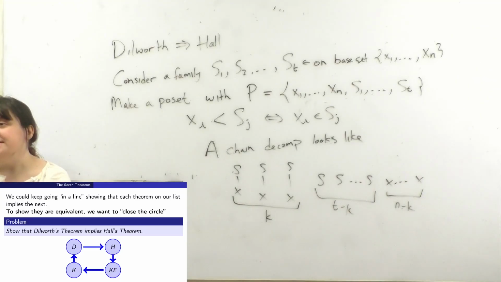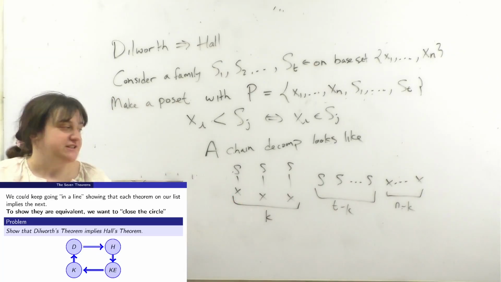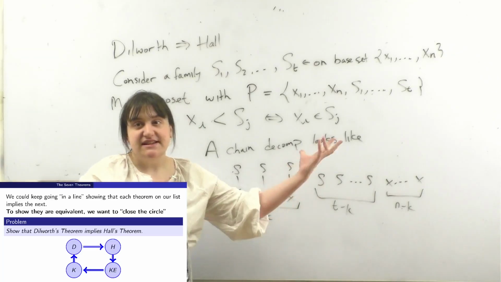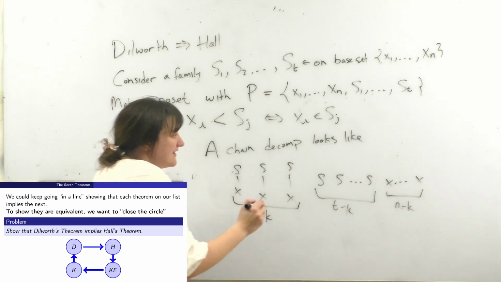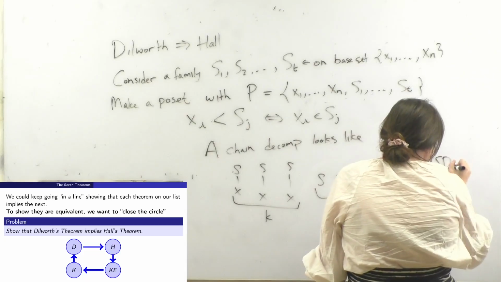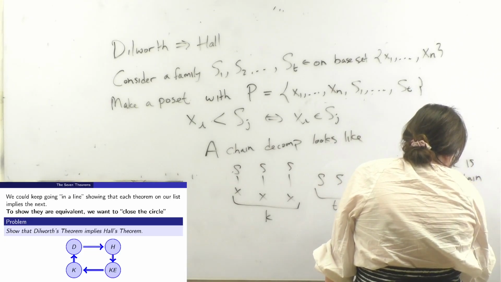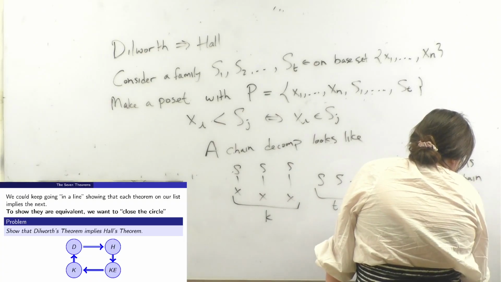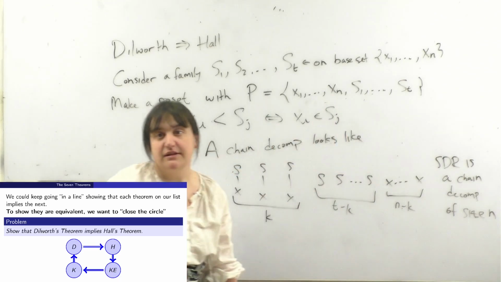And so what's a system of distinct representatives? That corresponds to one of these chain decompositions where every S has a different X under it. So an SDR is a chain decomposition of size n.